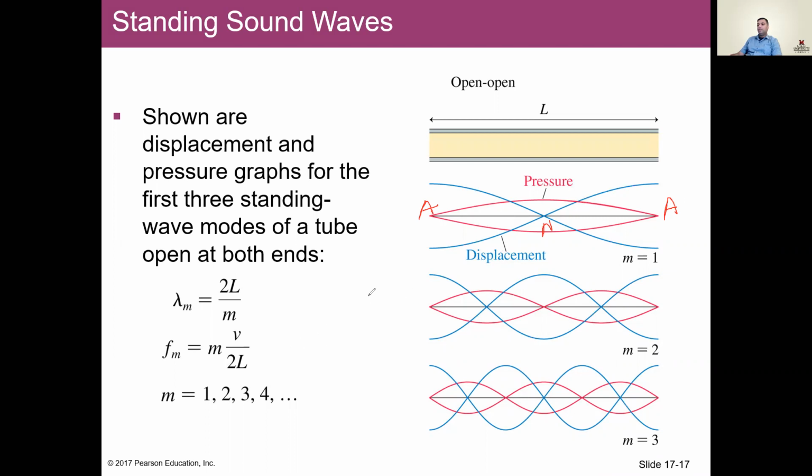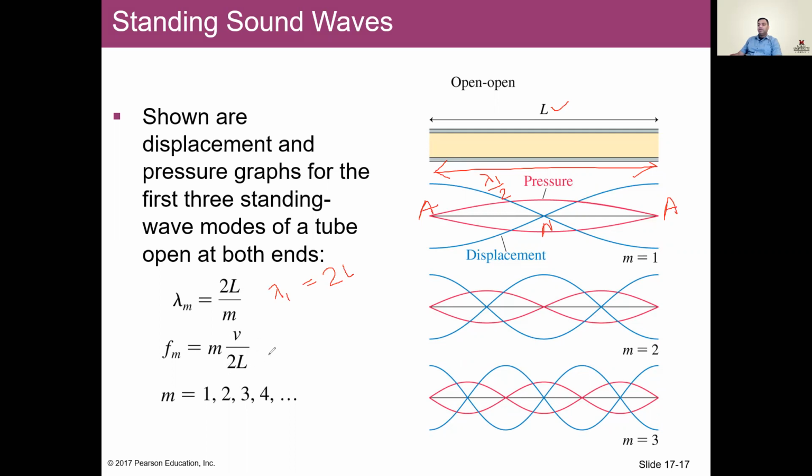So it will be very similar to what you have already seen in the previous slide. For the first order, this length is lambda 1 over 2, and you can equate it with L to generate the first formula. So lambda 1 is again 2L.